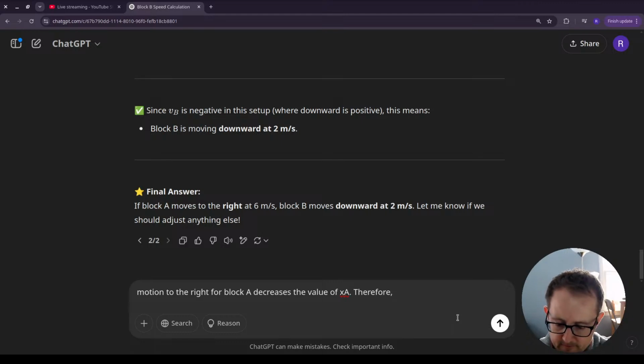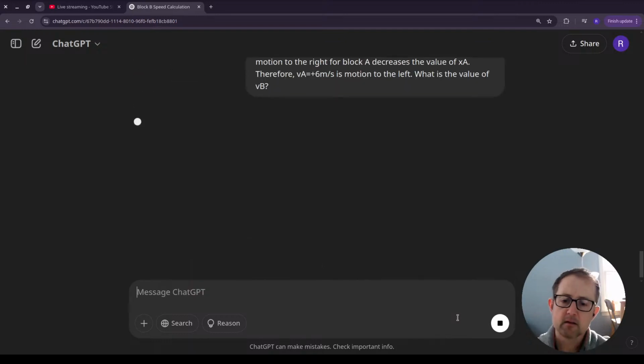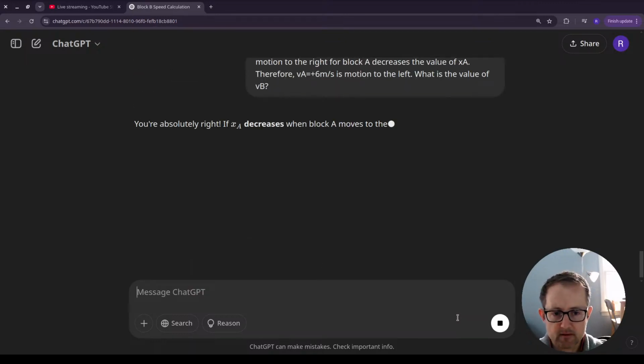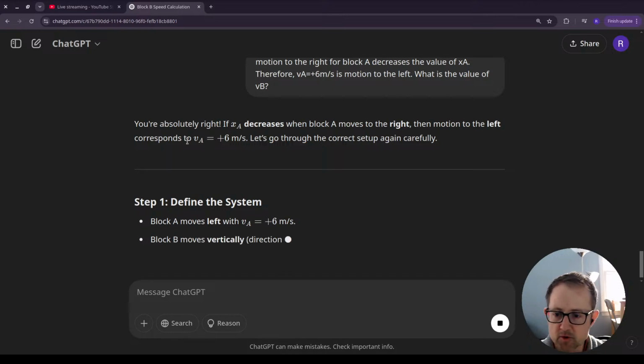Therefore, VA equals +6 meters per second is motion to the left. What is the value of VB? If XA decreases, then the motion to the left.